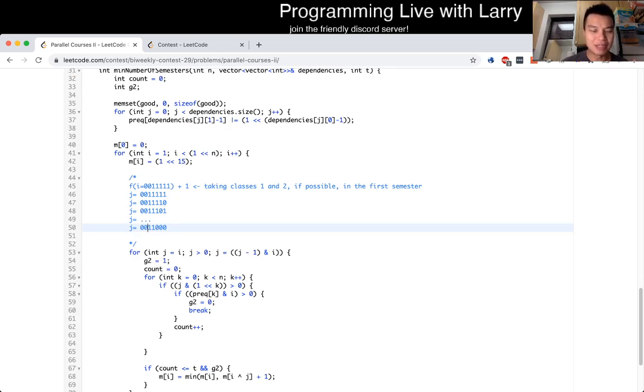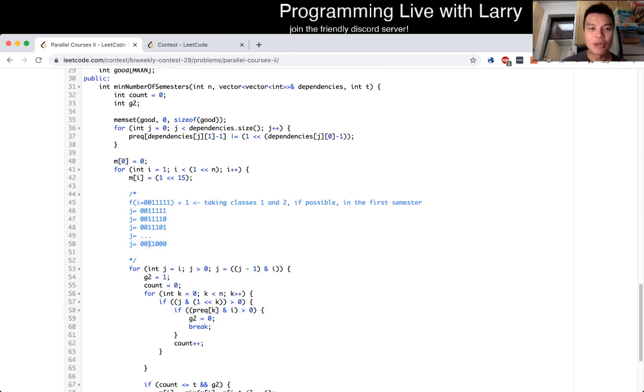Yeah, if this is kind of hard, that's why I'm struggling a little bit to explain, because it also took me a while. But this prerequisite of this class is a bit mask, so here we set up a bit mask for each k, the prerequisite of that class.